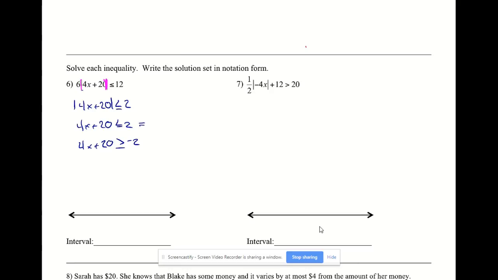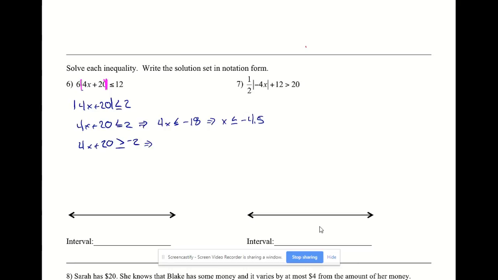Now our first one, I subtract 20 from both sides. I get 4x less than or equal to negative 18. Divide both sides by 4. And I get x less than or equal to negative 4.5.